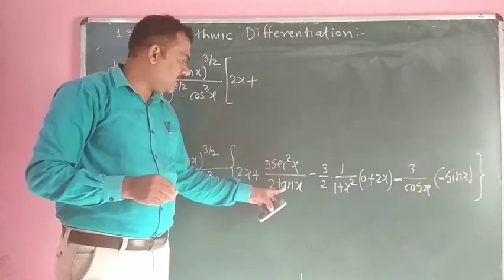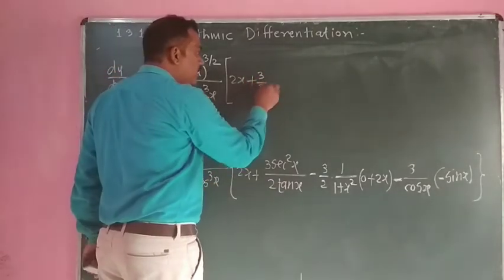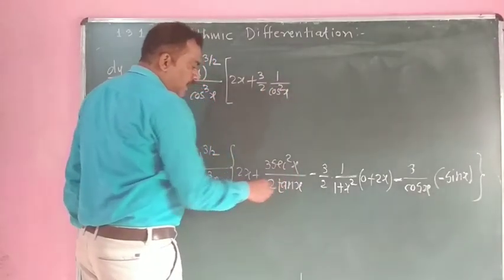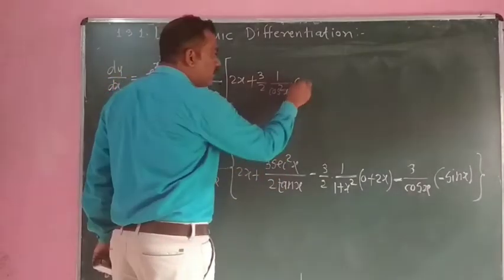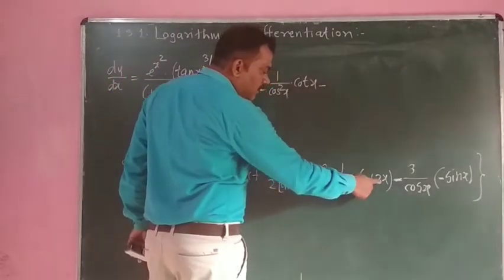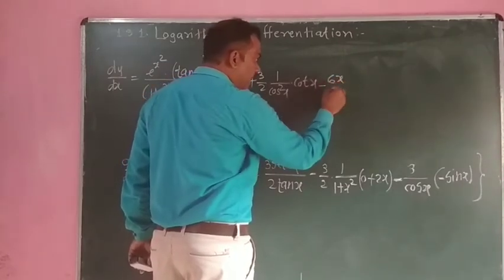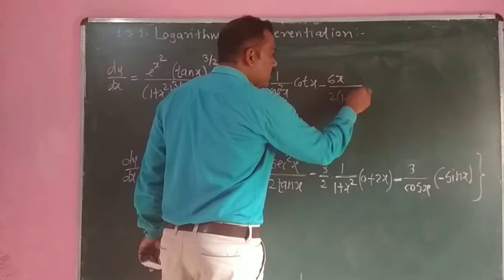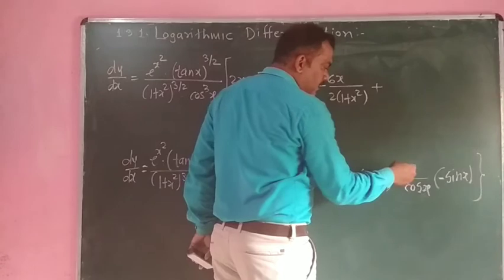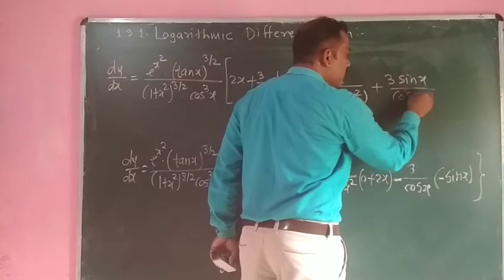Sec square is 1 upon cos square x, and 1 upon tan x is nothing but cot x. So 3 by 2 into that, minus 0 plus 2x, that is 6x divided by 2 times 1 plus x square, and this minus minus becomes plus, that is 3 times sin x divided by cos x.